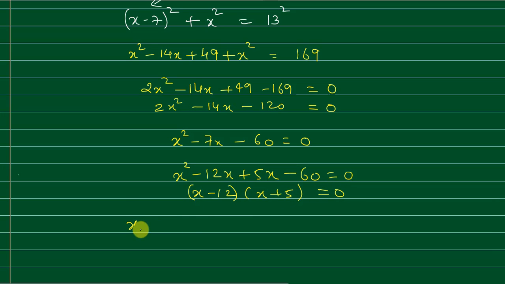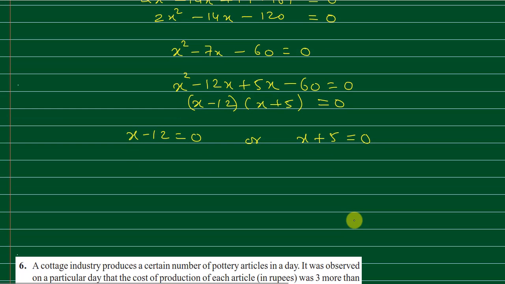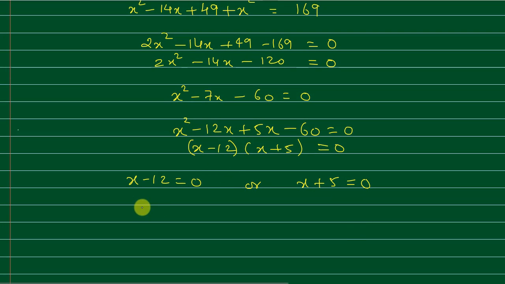Now again, either x minus 12 is equal to 0 or x plus 5 is equal to 0, and if x minus 12 is equal to 0, then x is equal to 12, and if x plus 5 is equal to 0, then x is equal to minus 5.